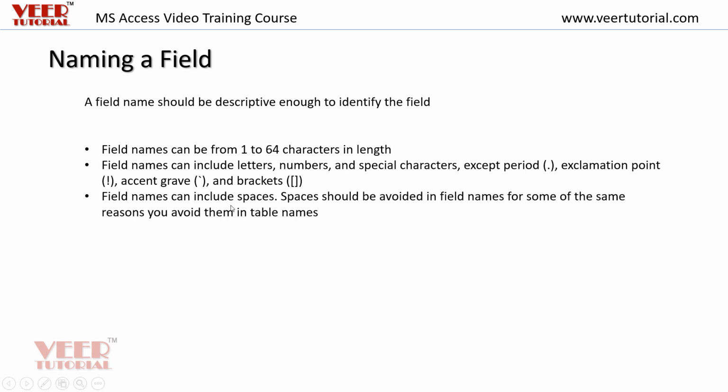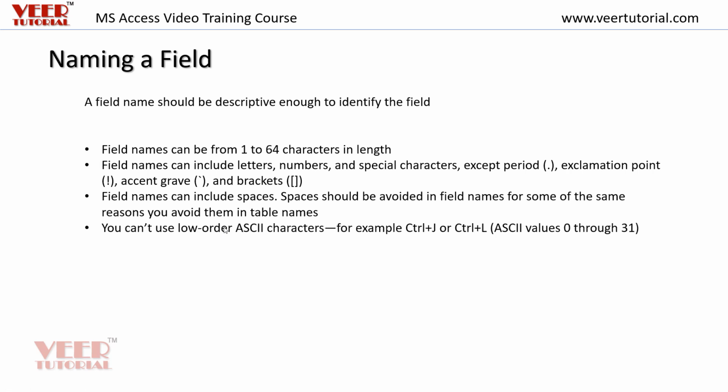A field name can include spaces, but I suggest you avoid using spaces in the field name, for the same reasons you avoid them in table names. You can't use low-order ASCII characters, for example Control+J or Control+I. You cannot use them. You cannot start a name with a blank space. It should always start with a number or character.